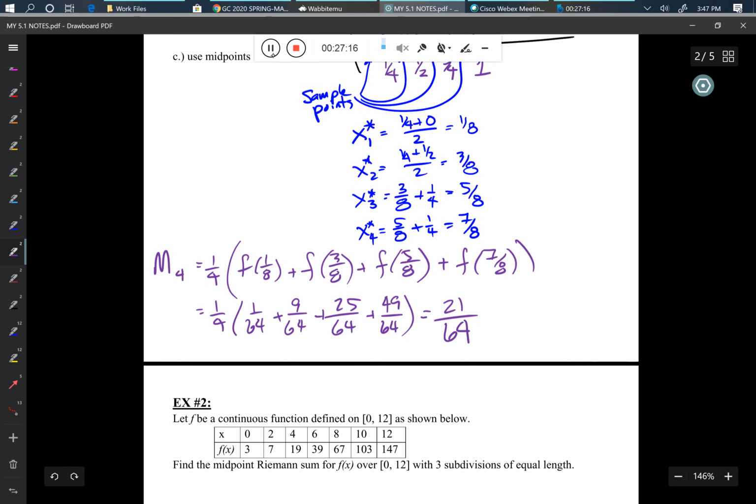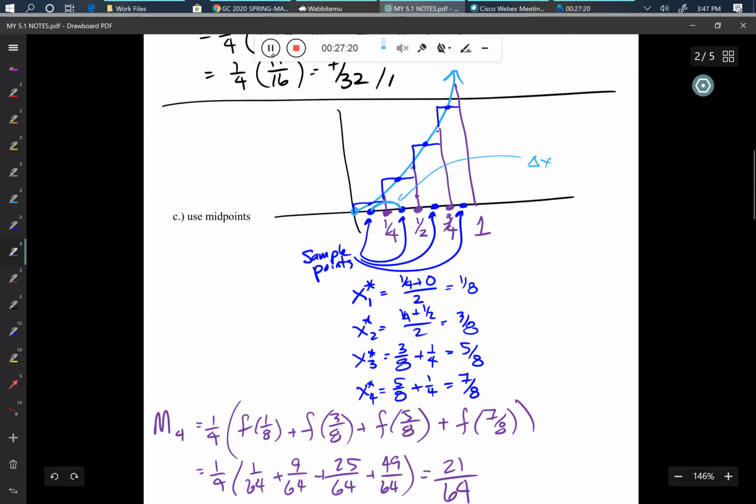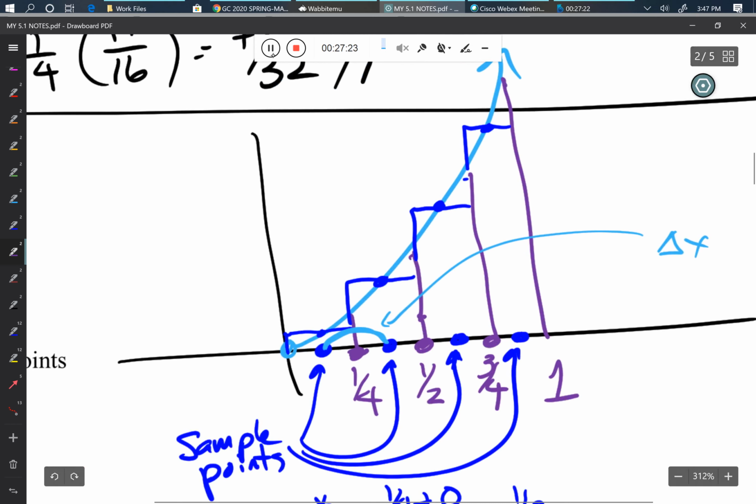Now, is this an overestimate or is it an underestimate? Well, the correct answer is I don't know. Because there are little pieces of underestimate and there are little pieces of overestimate, but I will tell you that my picture is not even close to accurate enough to be able to go, oh, clearly the blue is bigger than the yellow, so it's an overestimate.